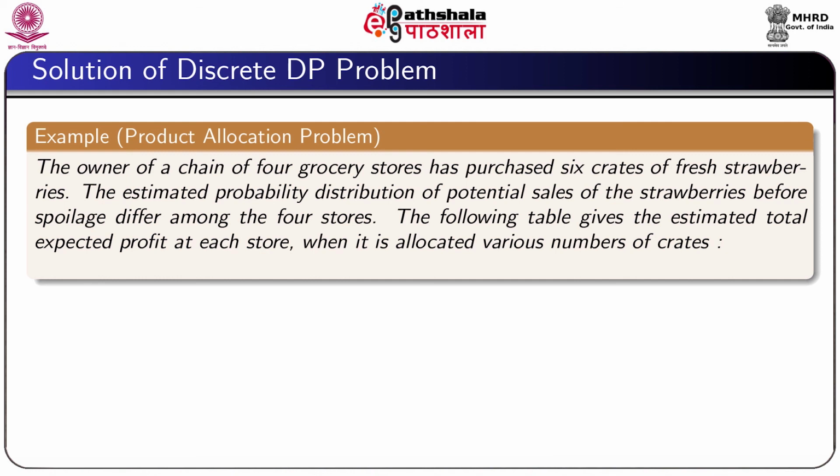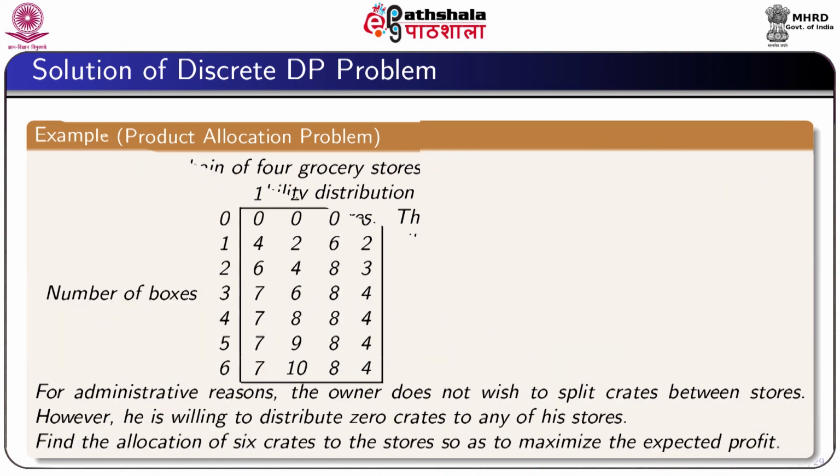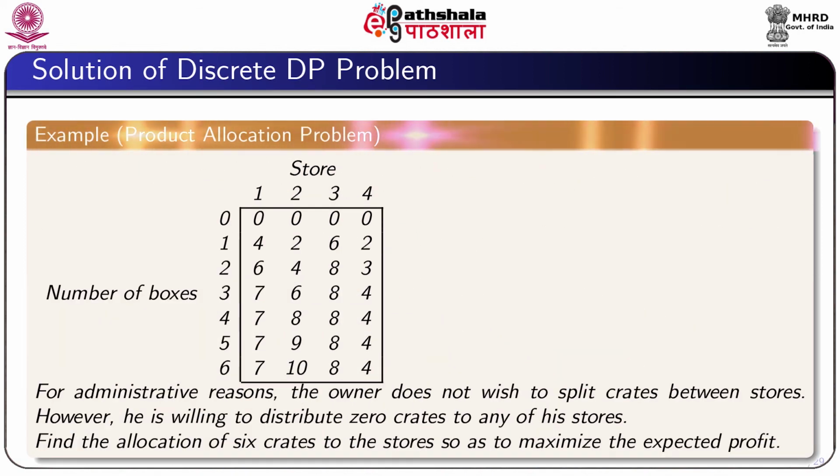The following table gives the estimated total expected profit at each store when it is allocated various numbers of crates. This table shows that there are 4 stores 1, 2, 3, 4, and the available crates is 6, that is, the number of boxes is 6. When we allocate 0 boxes to store 1, the expected profit is 0, and similarly 0 boxes to store 2, 3 and 4, we have the profit 0.